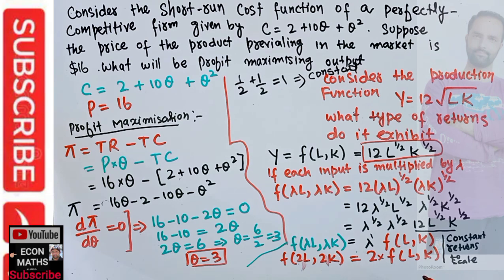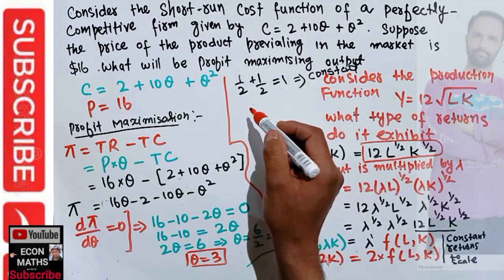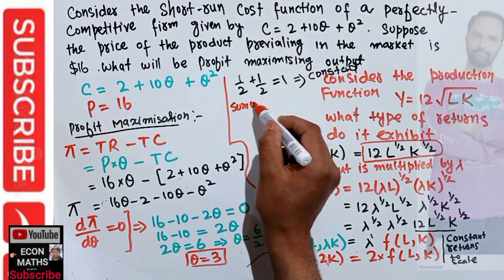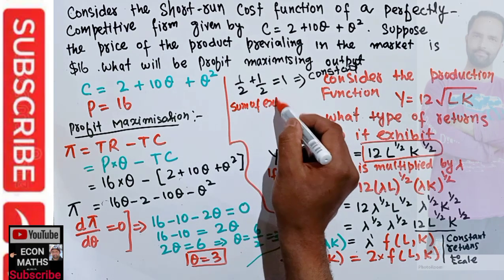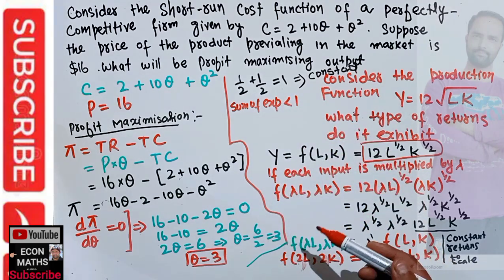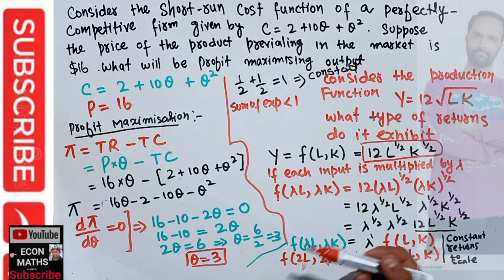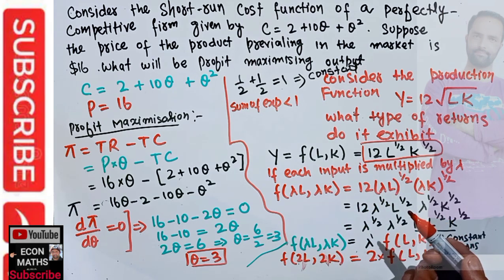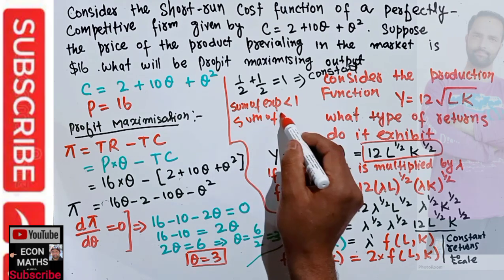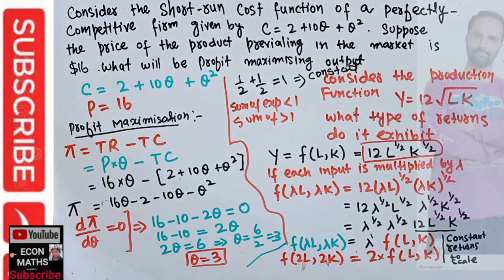If the sum of exponents is less than 1, the function exhibits decreasing returns to scale, and if the sum of exponents is greater than 1, the production function exhibits increasing returns to scale.